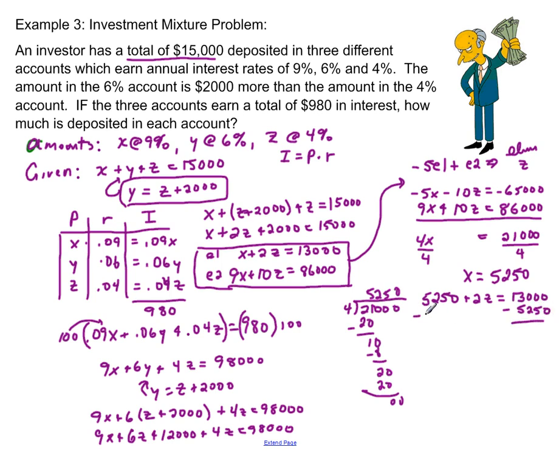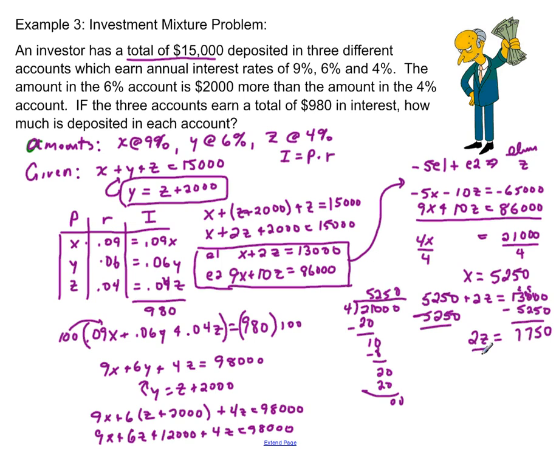We're going to get 2 times z is equal to 13,000 minus 5,250, which requires borrowing, and that gives 7,750.